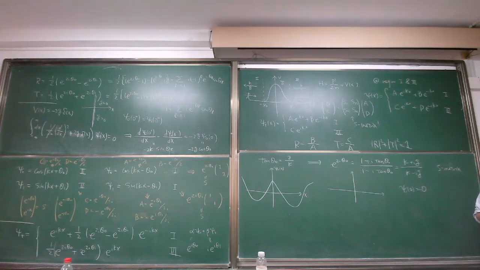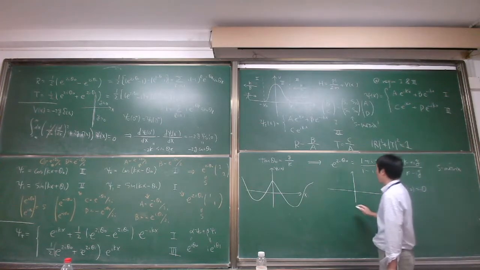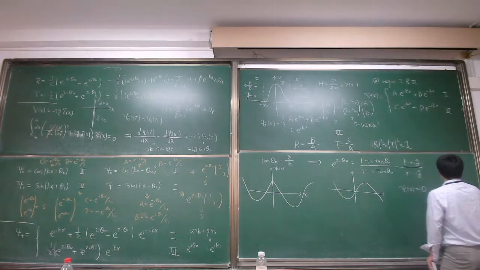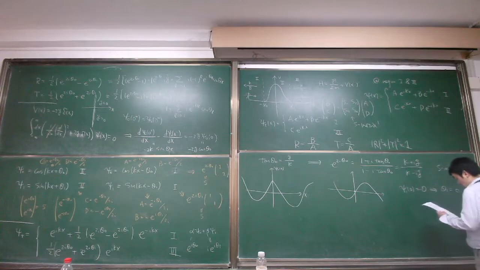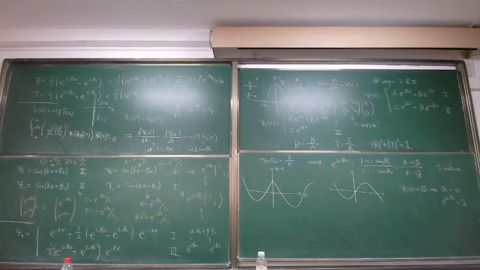Otherwise it cannot be an odd function under parity. So it should be an ordinary sine wave, like this way. This means that theta 1 should be 0, and e to the 2i theta 1 is equal to 1. So it's super easy for the odd one.